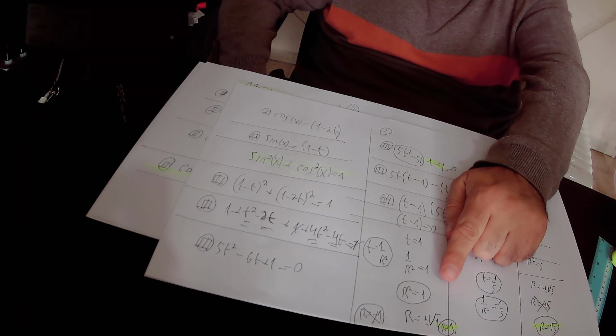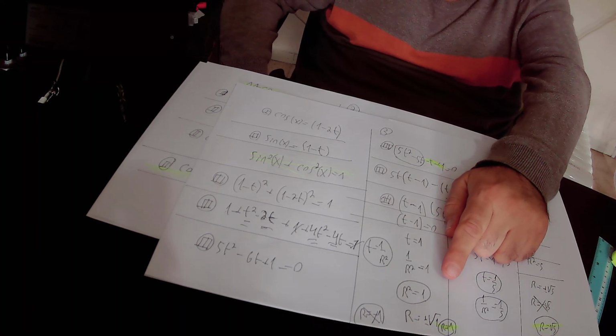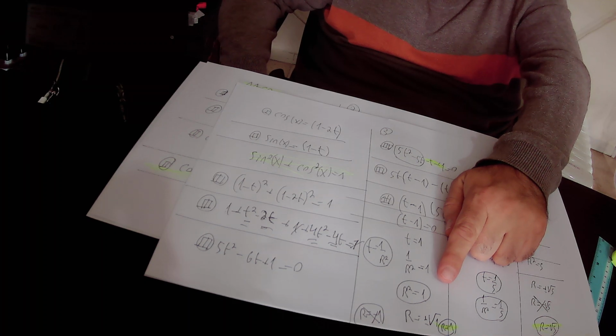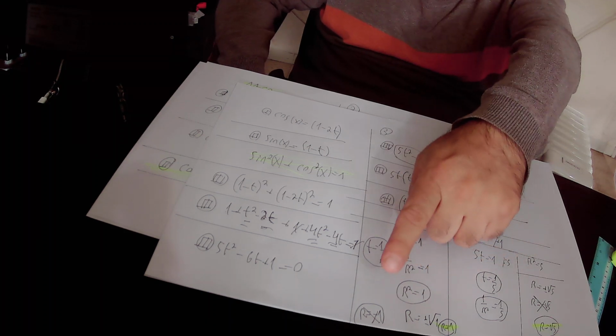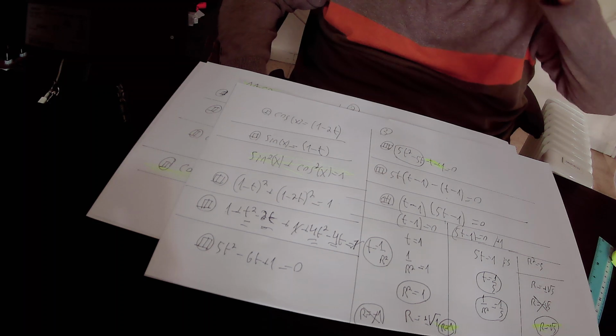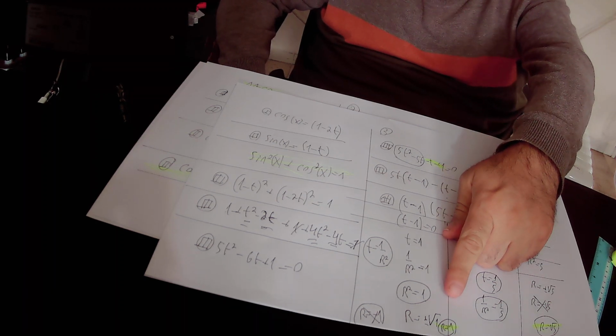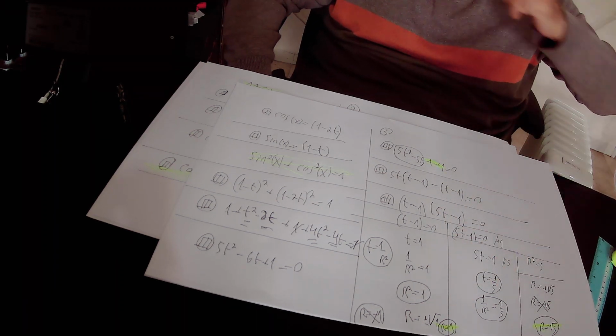The negative root, minus 1, is not possible as the answer to this question because r is a length and the length must be a positive number. So we cancel that solution and we are left with only r equals plus 1 unit.